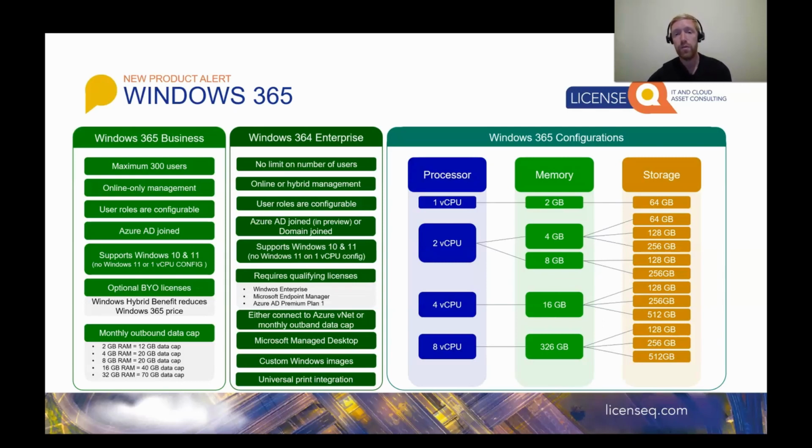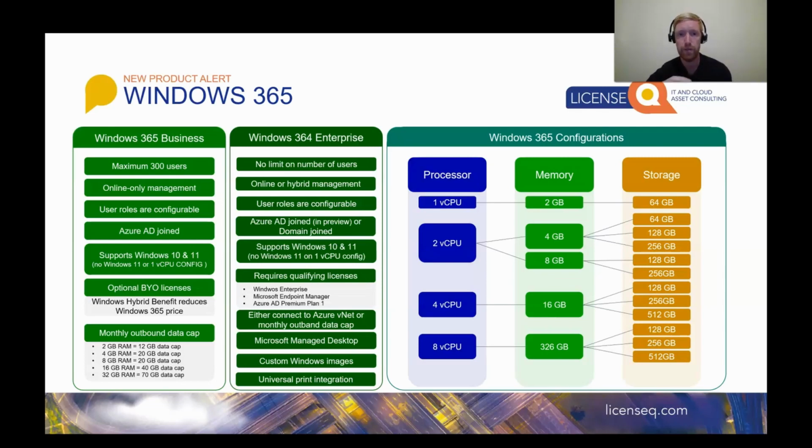If you have 2 vCPU, you have the option to buy 4 or 8 gigabytes of memory and a lot of different options for your storage. And for 4 and 8 CPU, you see on the screen as well what the options are and what type of storage and memory you can buy.